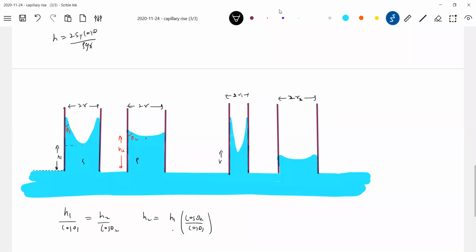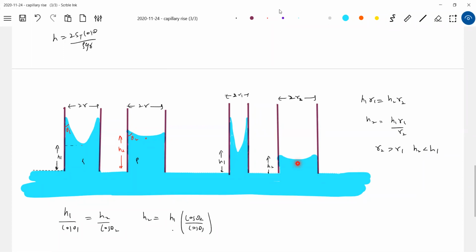If this is H1, this will be H2, no? Now what should be the equation? H1 R1 should be equal to H2 R2. So H2 equals H1 R1 by R2. What do we expect of H2? As R2 is greater than R1, H2 should be less than H1. So if you increase the radius of the capillary tube, the level of liquid inside will fall.